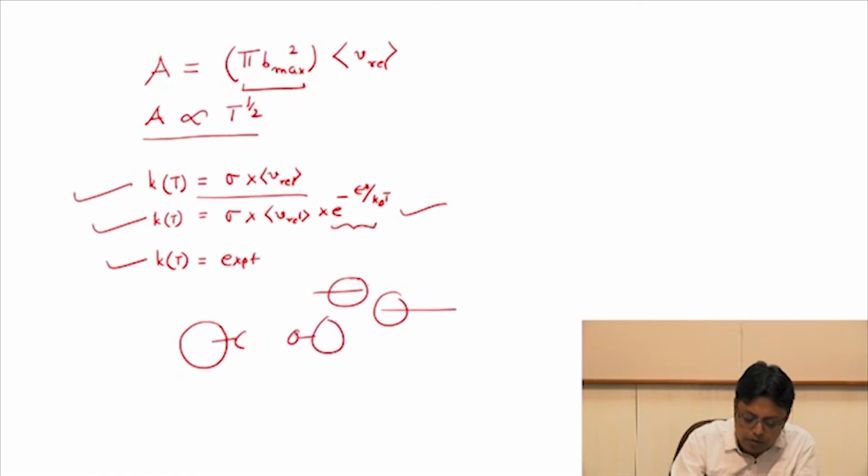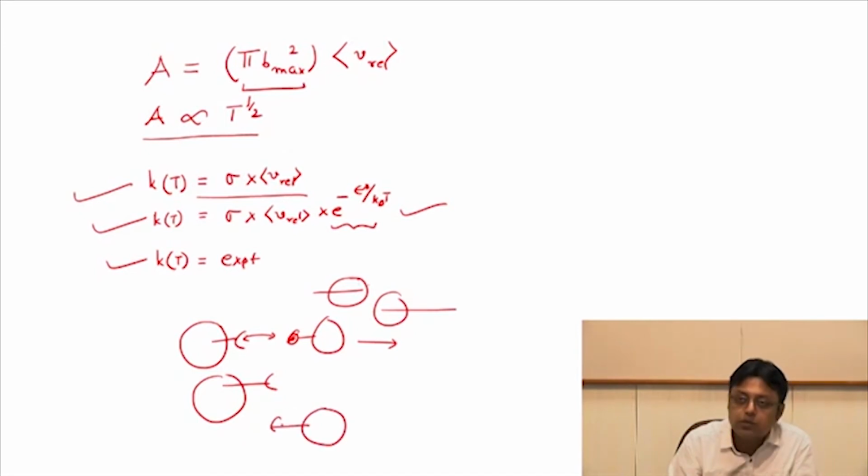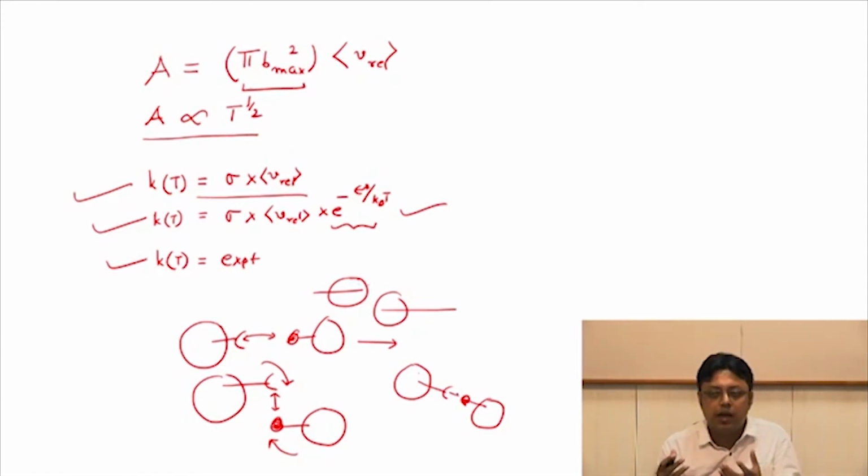If I have a head-on collision, these two will react together to give me a reaction. But suppose I have a collision like this, then although these two hard spheres collide, these two groups are not actually coming in contact with each other. However, if I had rotated it, so that they are still colliding and slightly far apart, when they collide these two groups will come in contact and then the reaction will happen.